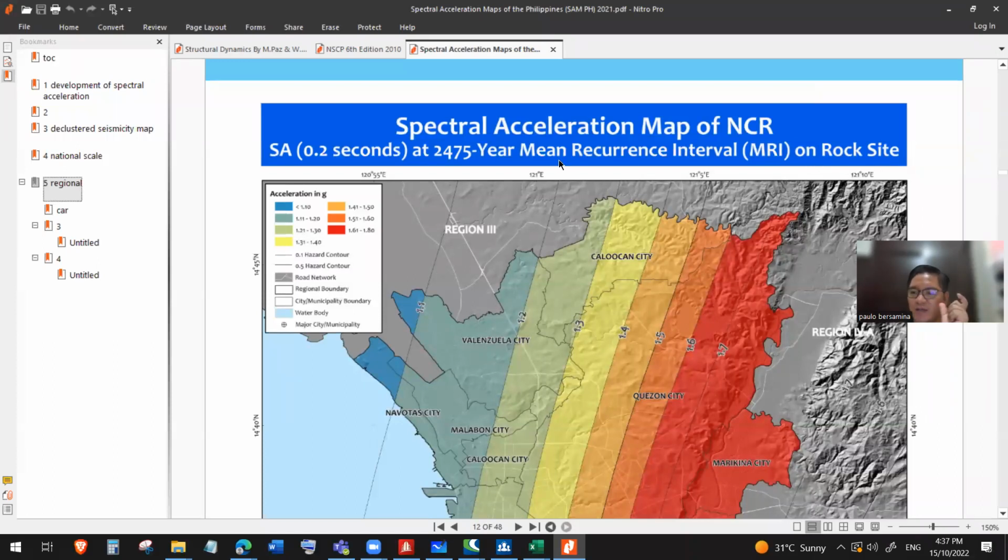Pero yung earthquake mo is MCE, yun yung nakalagay sa title. MCE meaning maximum considered earthquake, na ang return period is 2,475. So ganun kataas, no? Ano yan, mga more than 0.4 G pa yan, malamang, no?